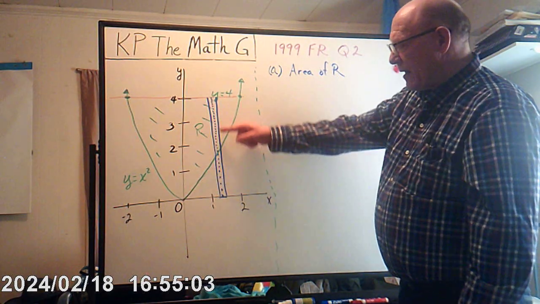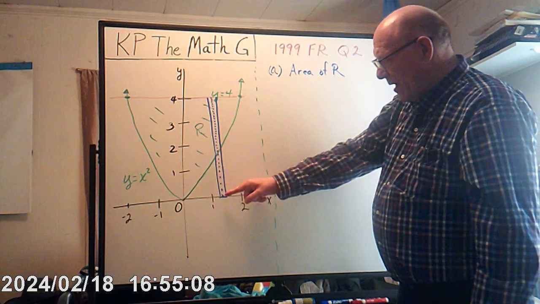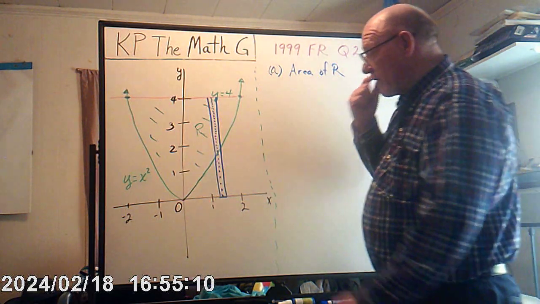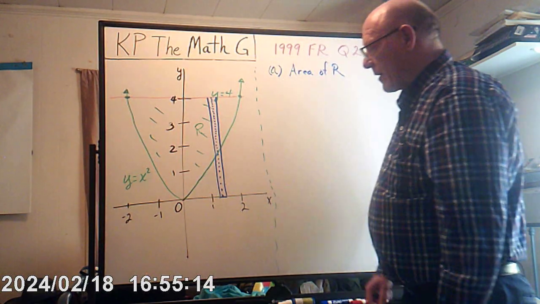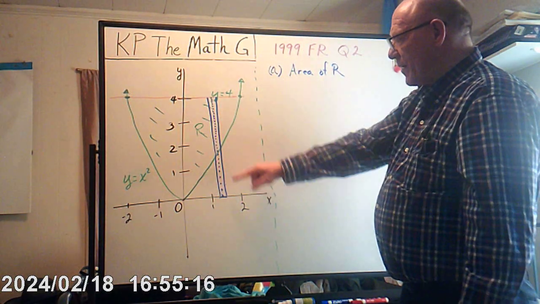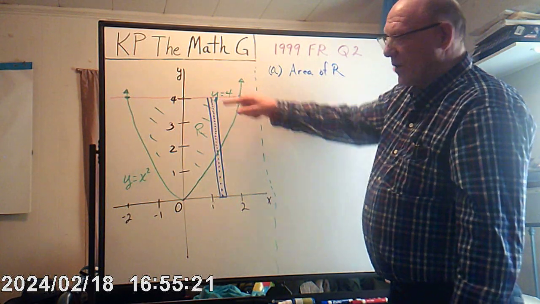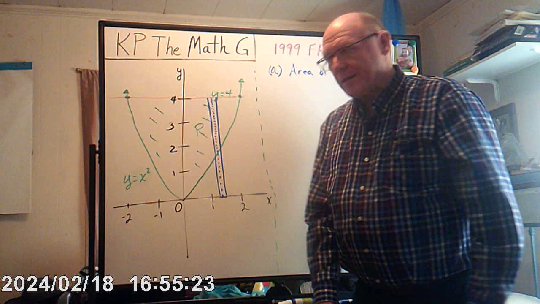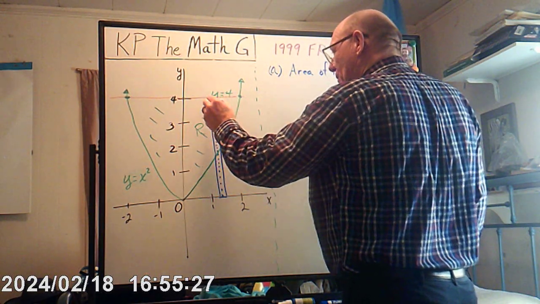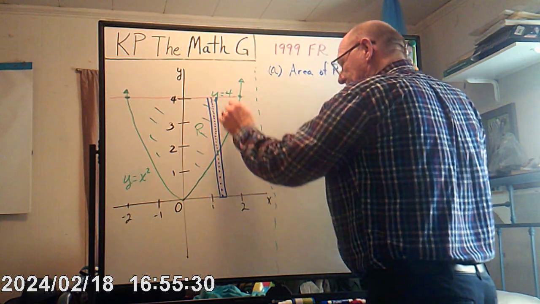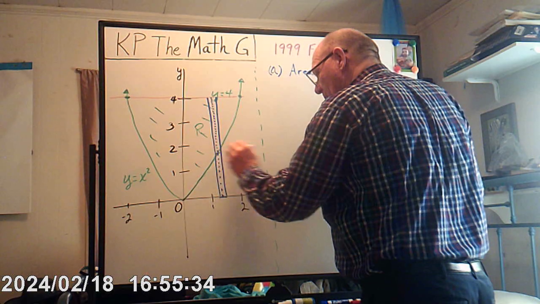How high is this? We just want this region here. This height is 4, isn't it? From 0 to 4, right? So the total height is 4, and this height is y.